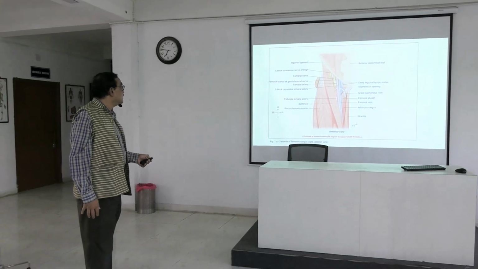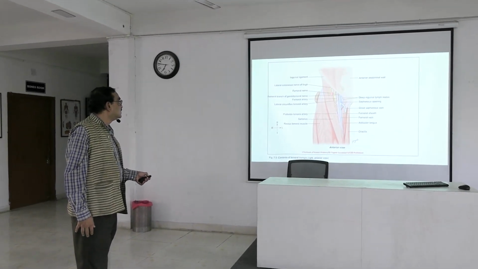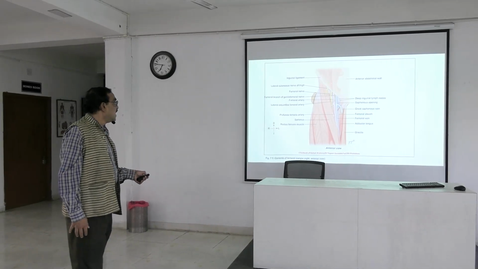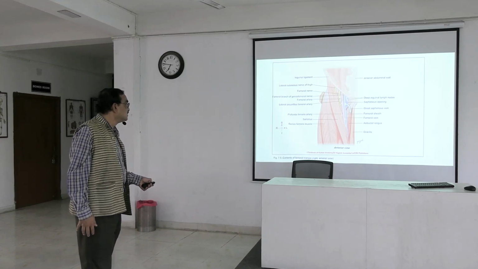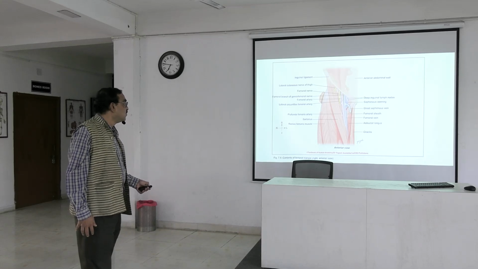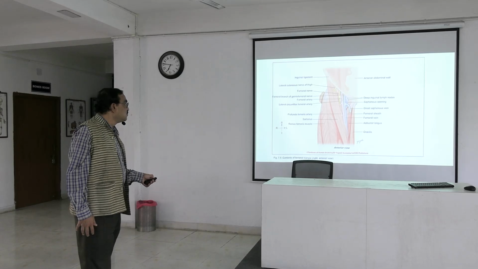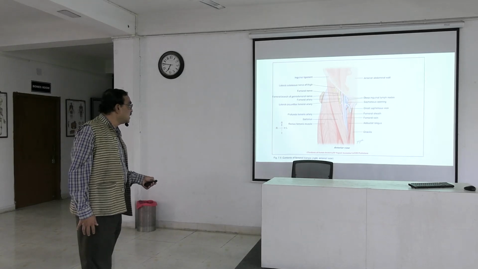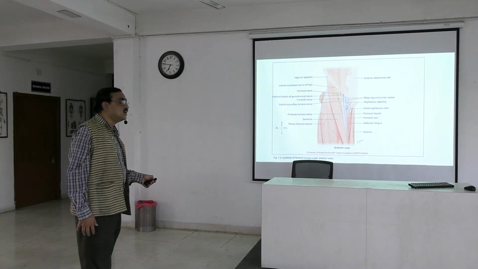Now, this is the lateral cutaneous nerve of the thigh. It is coming down. And here we can see this nerve is nothing but the femoral nerve. Then we can see this violet colored vessel is the artery, and the blue colored vessel is the vein. So, lateral femoral cutaneous nerve, femoral artery, femoral vein are the contents.